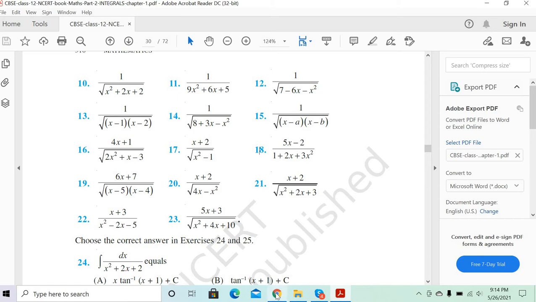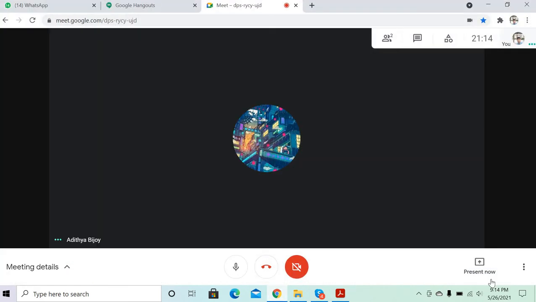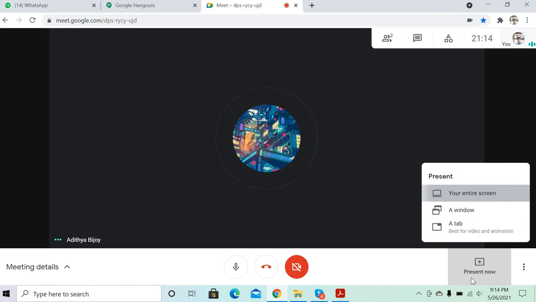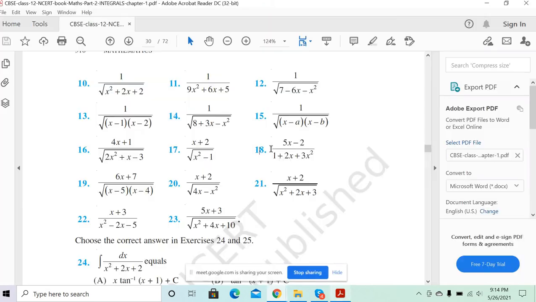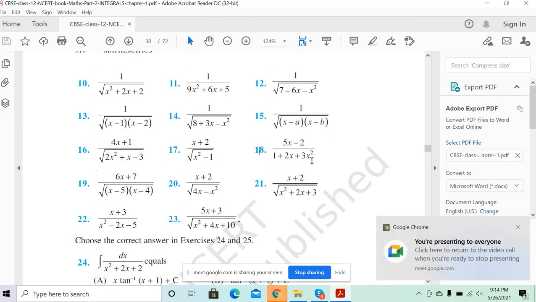Yes, sir. Okay, let me share my screen to you and then we'll see. You got it, no? How it's to be done? Yeah. So let's try this part now. 5x minus 2 over 1 plus 2x plus 3x square, we need to solve it.